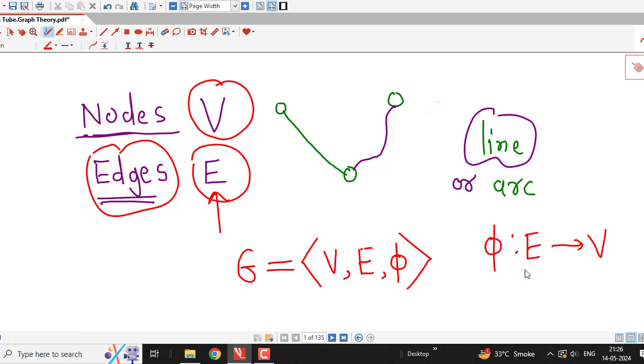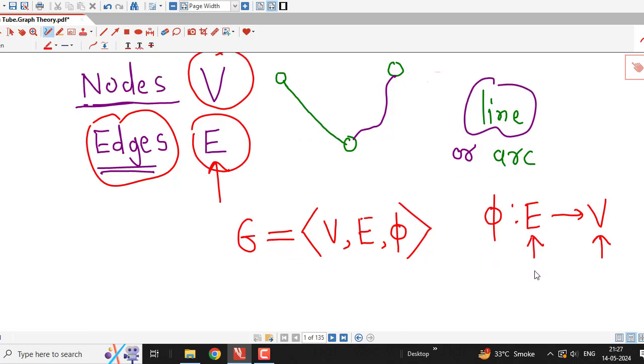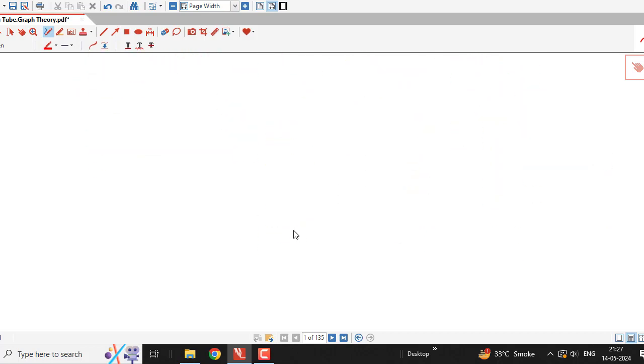Phi is a mapping from the set of edges E to the set of vertices. That means to every edge denoted by small x in this set, we have an ordered pair associated from this set of vertices. So remember this definition of graph.